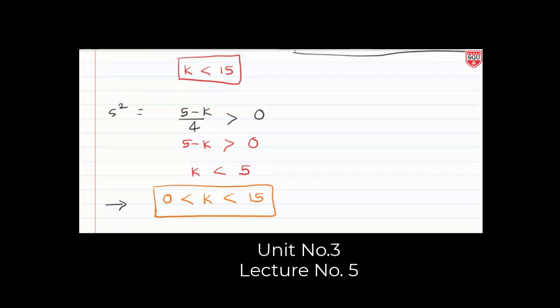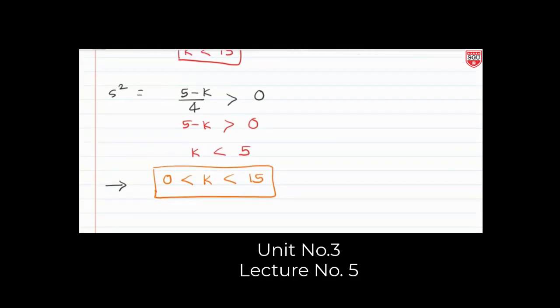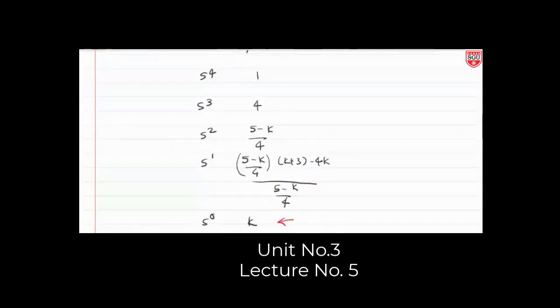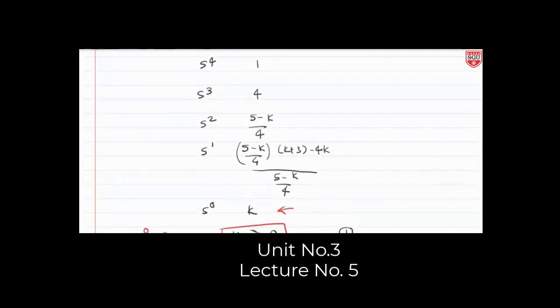Here our problem ends. So wherever there is K in the first column, that thing you have to keep positive. You can see these are our rows. This value should come positive, this value should come positive, similarly this should be positive.